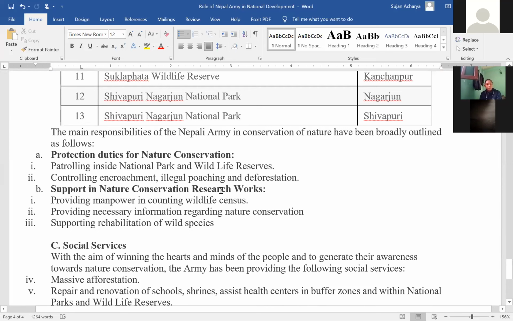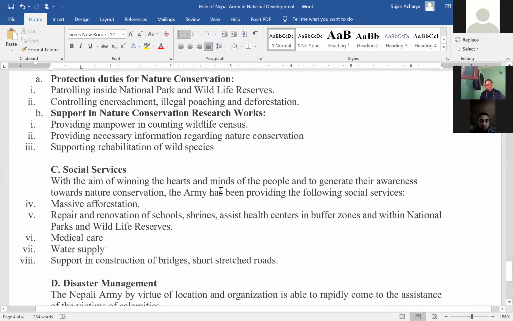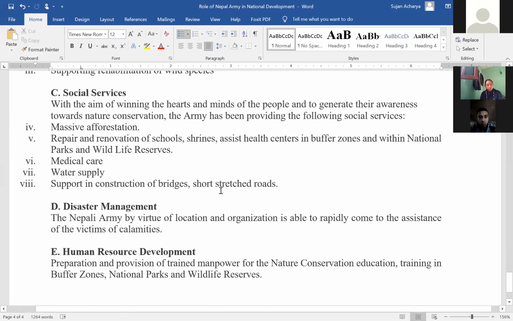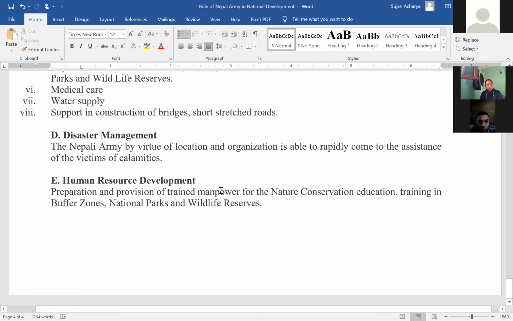This whole writing is divided into different topics, and all those topics, like role of the Nepalese Army in nation building, natural conservation, protection of areas, involving in social services, construction of roads, and helping the nation during the time of disaster, providing skilled and trained human resources, are all different topics that you can include as different paragraphs of your essay. With this, I would like to conclude, and I'll be sending first this file to Sagar.